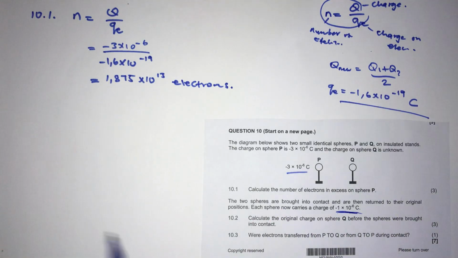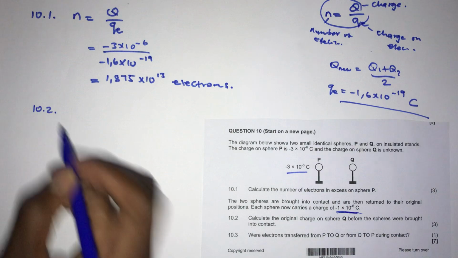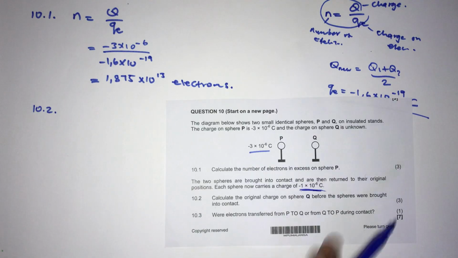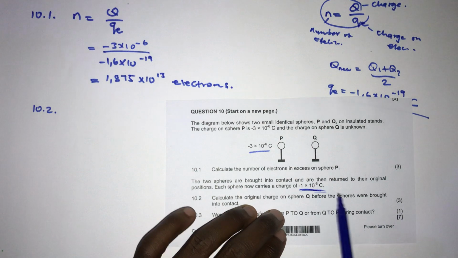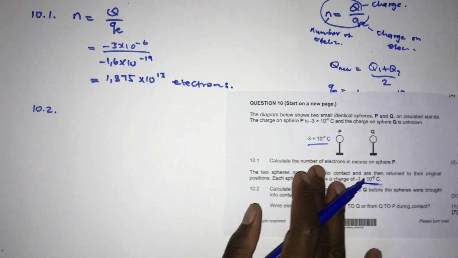10.2, calculate the original charge on sphere Q before the spheres were brought into contact. Since we have a new charge, we are allowed to use the formula for a new charge.